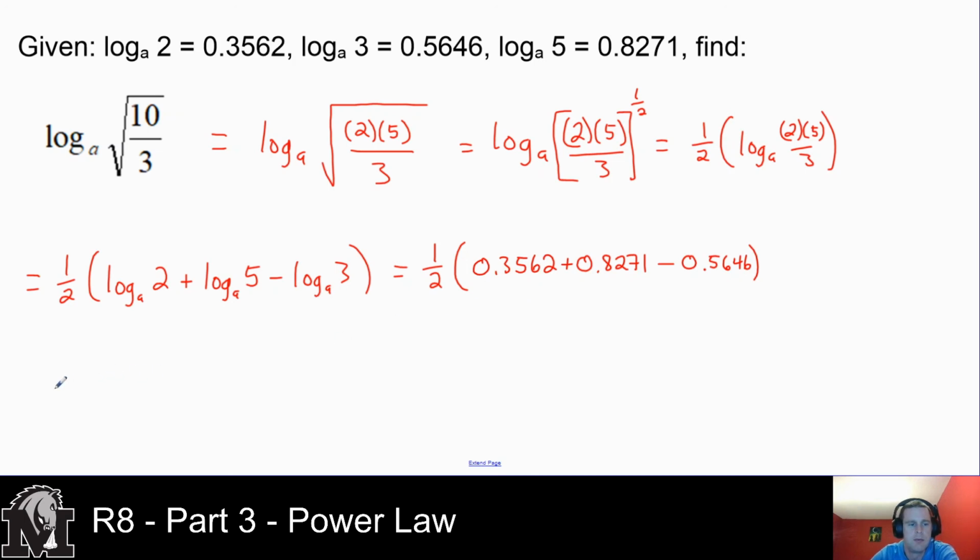Then we can get out our calculators and do our calculation. So I get 0.3093.